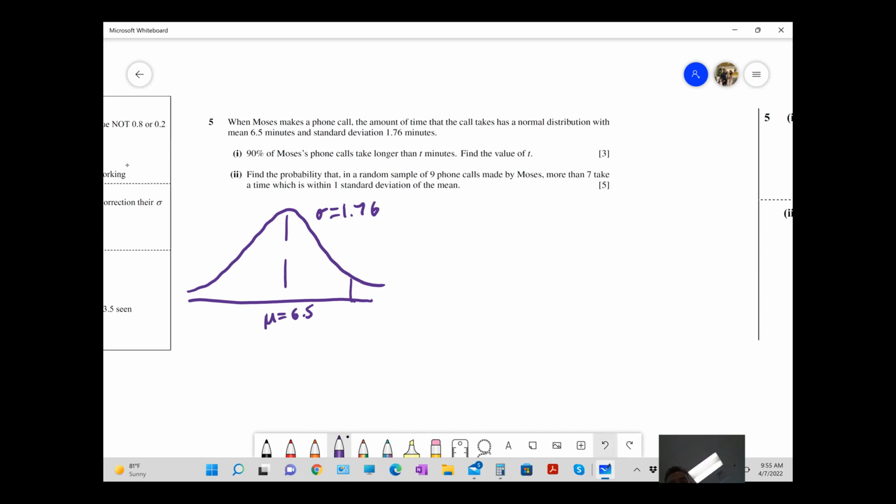The other side. Yes, that's good. So now you know it's going to be less than 6.5 minutes, somewhere over here, but it represents this area that collectively is 0.9000 of the area.